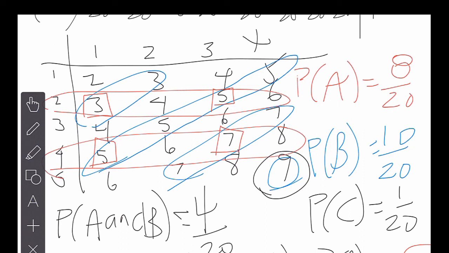So I'm already in the red, and out of the red, B happens in half of the places, you see? So B has a 50% chance within A, and B had a 50% chance in general outside of A, in the general matrix. So the chance of B didn't change. It retained its probability.